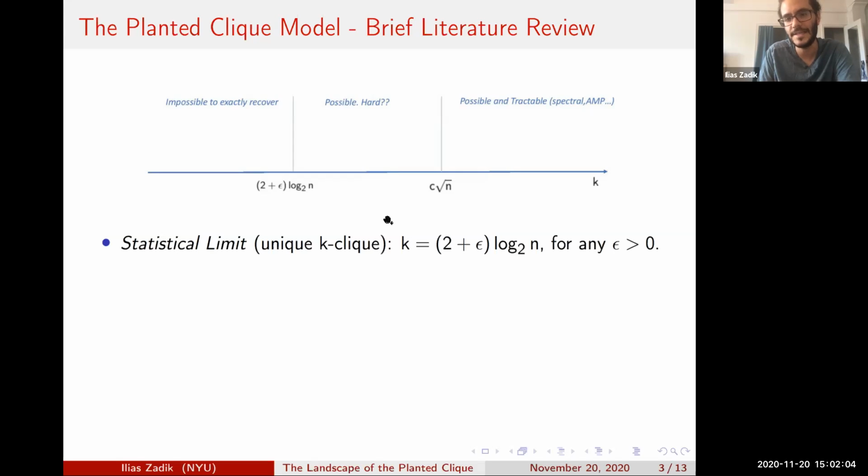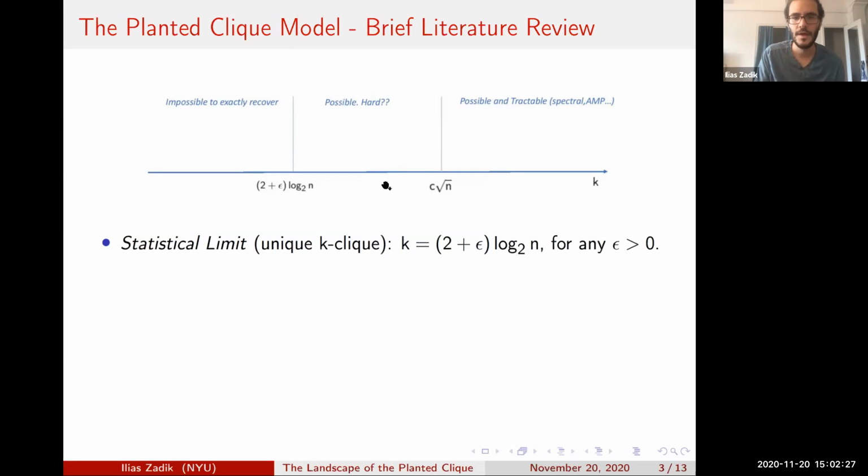So if you have less, by using some standard random graph theory results, if I have less than 2 log base 2 of n, then there is another clique of this size. And therefore, just from the randomness of the Erdos-Renyi graph, you cannot recover. But if you have something bigger, essentially you can prove the structure remains unique, and you can just exhaustively search among these k subsets, and you can find it.